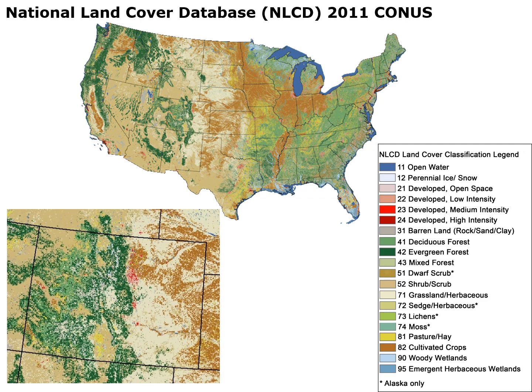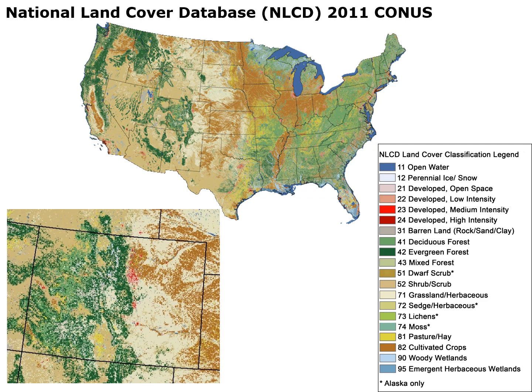So, when you're looking at things like sagebrush, that would be a shrub scrub, grassland and herbaceous, sedge and herbaceous, and lichens, also Alaska only, and moss.